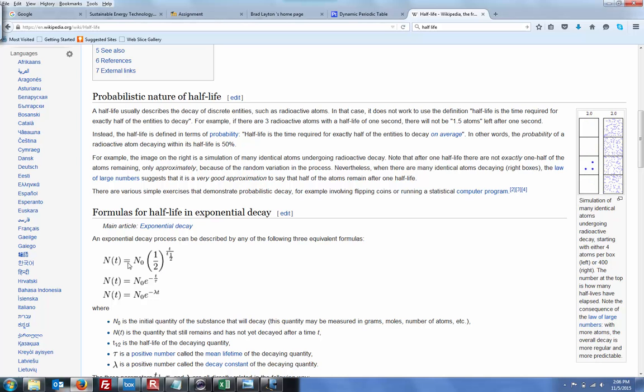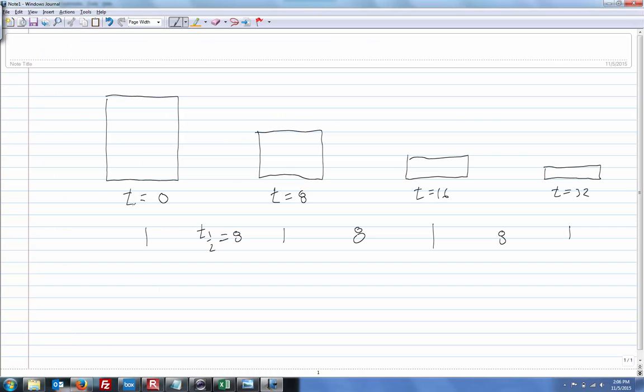One way to do it is just say I'm going to start with a certain amount. So this N0 is just this much. Right here, this is N0. This is going to be N1. This is going to be N2, etc. N3.